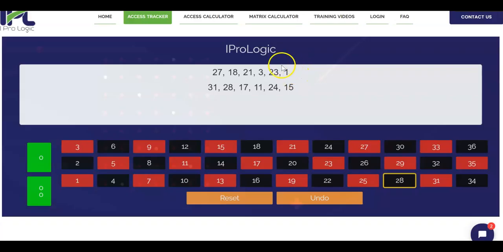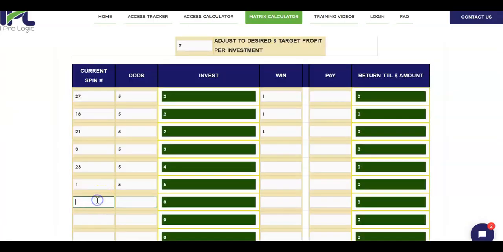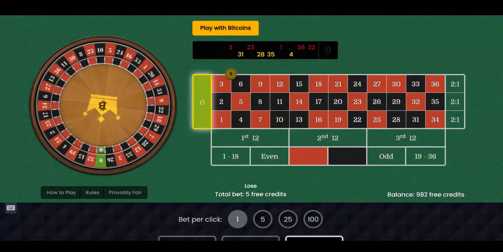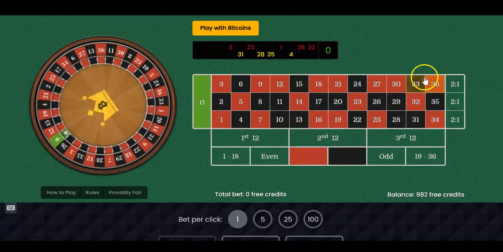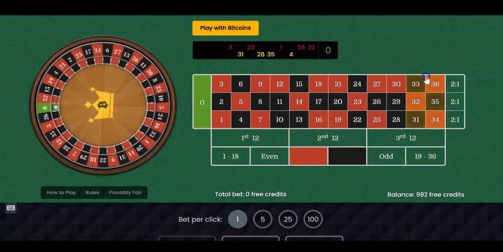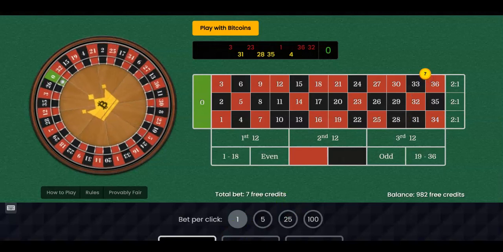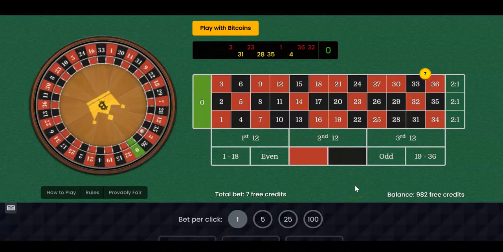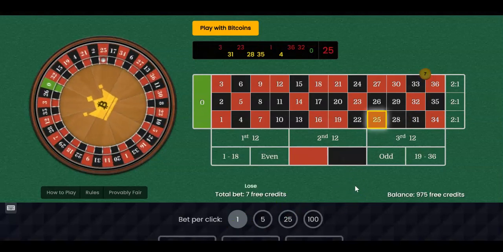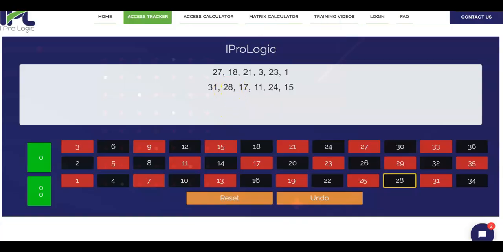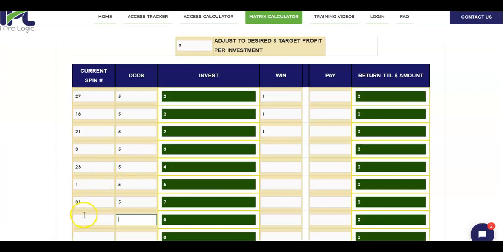Okay? So my next, I missed on 1. My next sequence is going to be 31. Any minute from now, hitting will be fine. My next sequence is 28, which is working just fine.